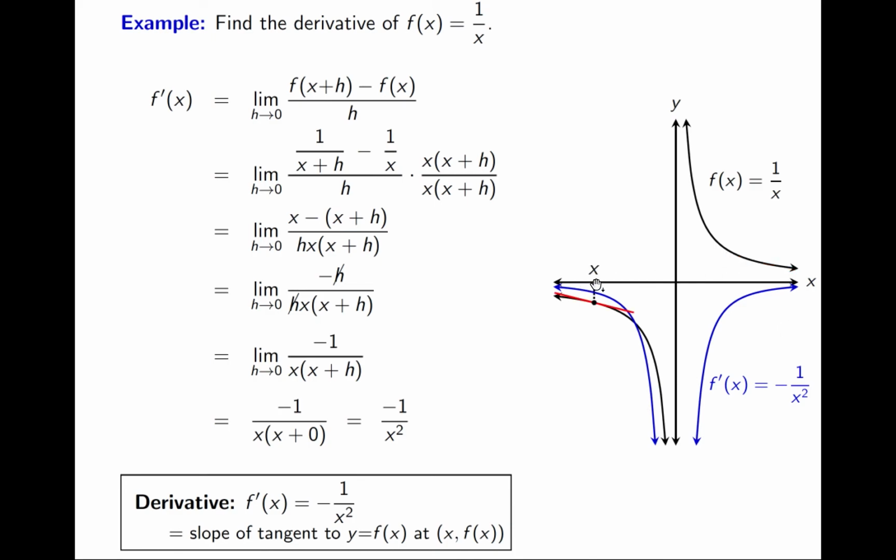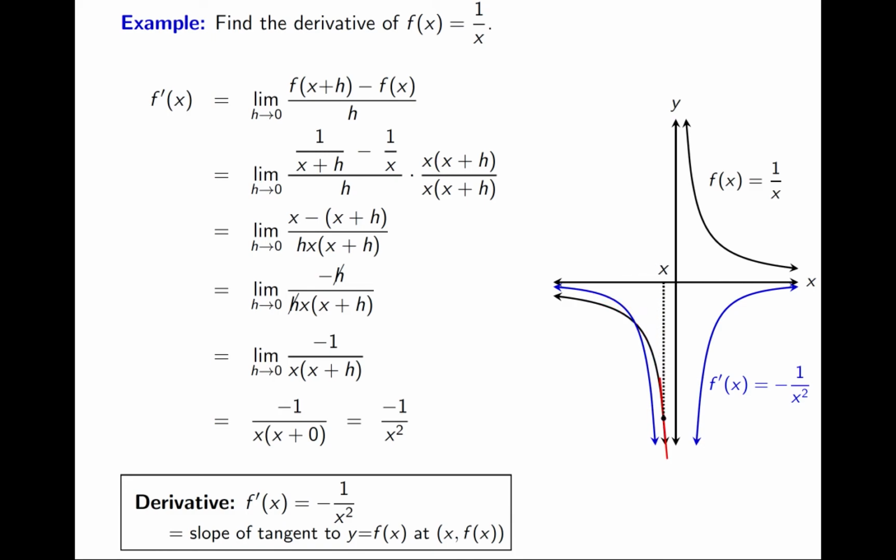If x is a negative number, like over here, here's the tangent to the graph of f of x at that point. You have a negative slope, but it looks pretty close to being horizontal. It's a negative slope, but it's fairly close to 0, and the derivative is close to 0. But look what happens as x gets closer and closer to 0 from this side.